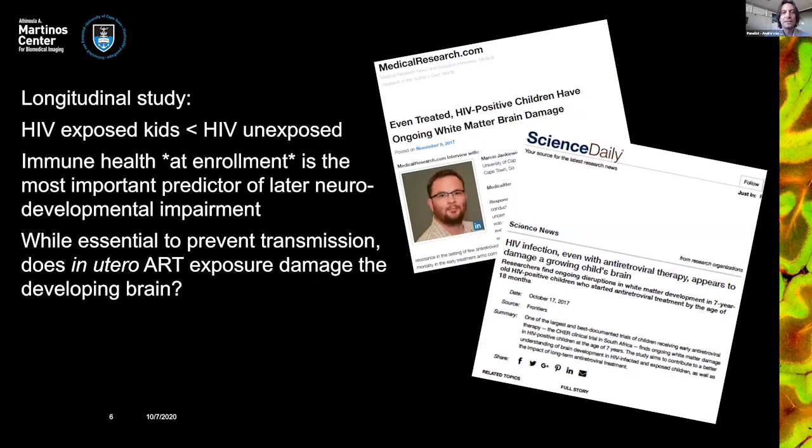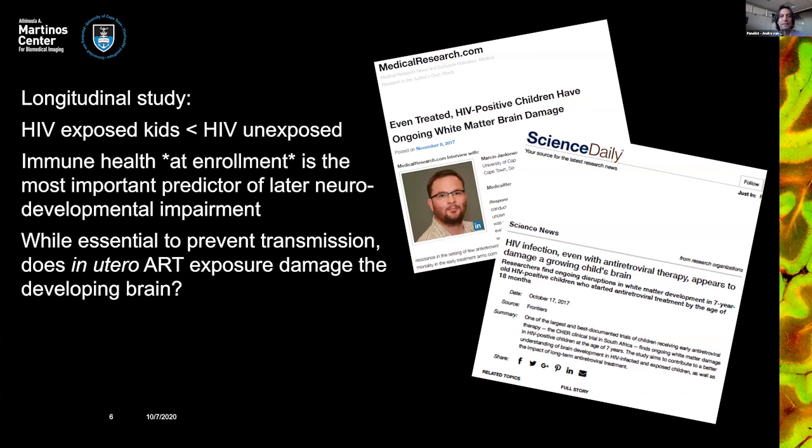So the longitudinal study had several results. One of the interesting ones was that white matter damage is ongoing in HIV-exposed children despite antiretroviral therapy. In general, the HIV-exposed kids are cognitively worse off than their unexposed peers.